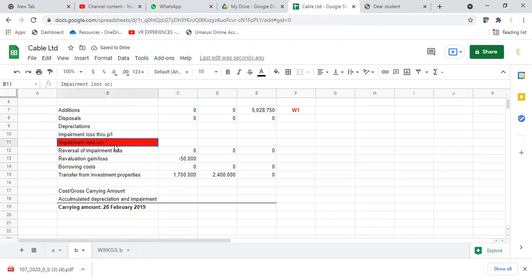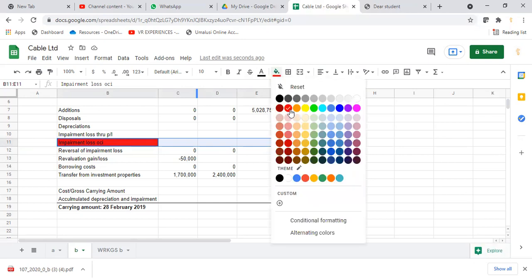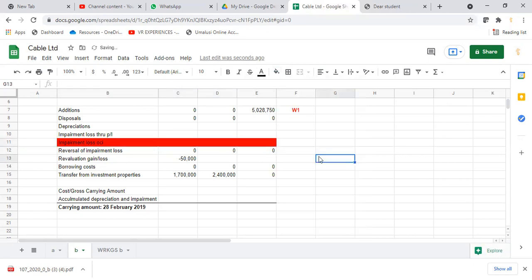They kind of put it under impairment, but let me see if we can do it like that. No, you just take it against revaluation loss. I'm not too familiar with that line item, so I don't use it.